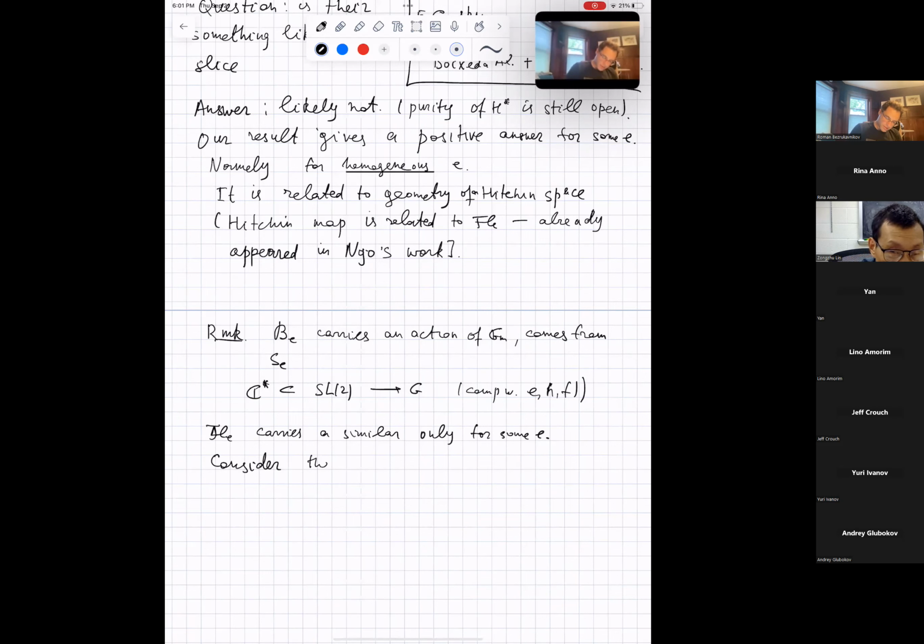Consider the loop rotation action, and then by transport of structure.